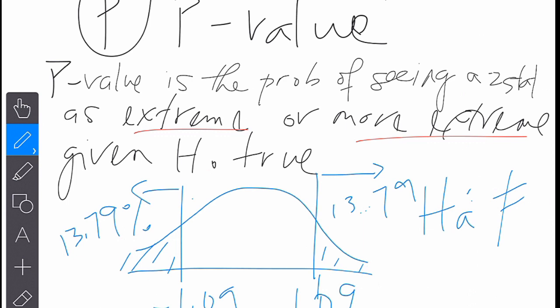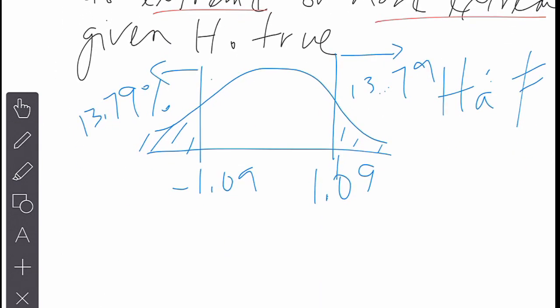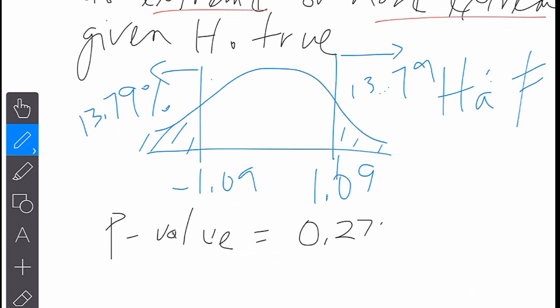So my result is a p-value of .2758, and that's the p-value step.